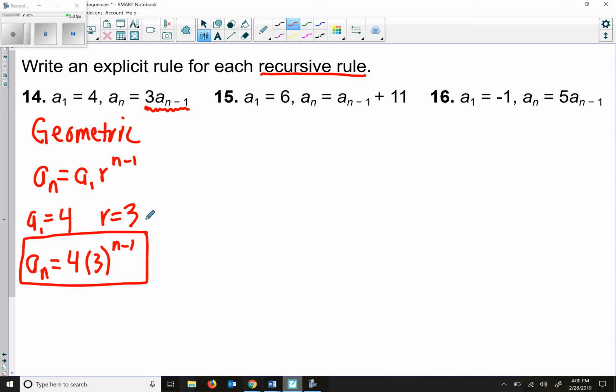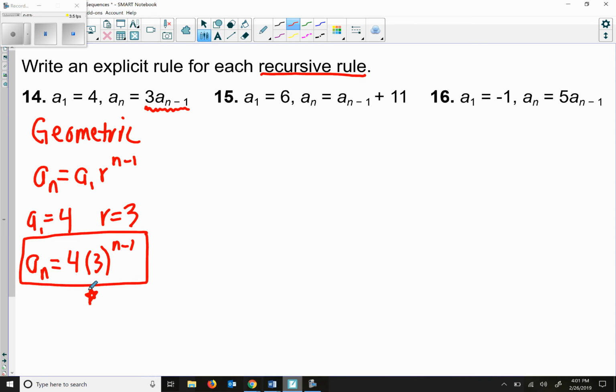So this is really what we're trying to figure out here. Okay? Now, just a little bit of background. Remember, the recursive rule, you basically need previous terms in order to come up with the next terms. But with the explicit rule, you're able to find whatever term you're trying to find. Right now, with this explicit rule that we just found, I would be able to find the 135th term if I wanted to, right?